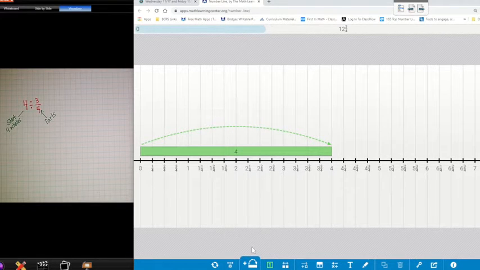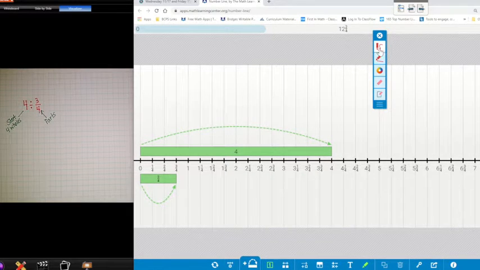All right, so I'm going to come down here and make another bar, but I'm going to make this one 3/4. Now, we talked about in the last class about how if you make 1, you can use that 1 to help you. So I showed the strategy of you can skip count. So I know that this is 3/4 and then another group of 3/4.